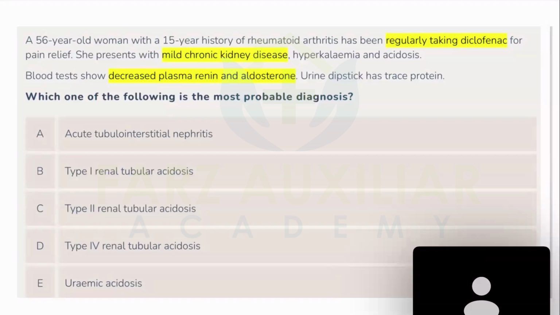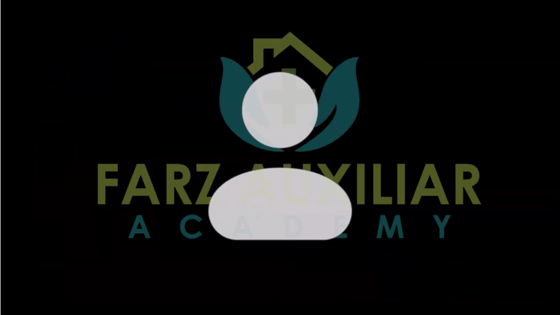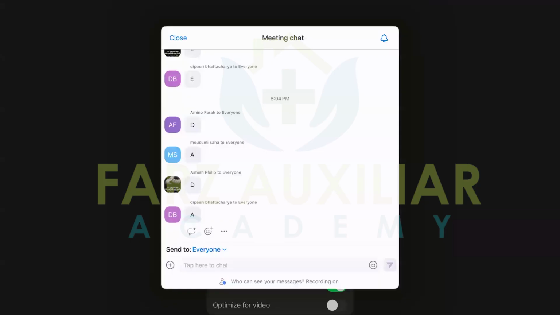Just write the answer in the chat box. If you don't know renal tubular acidosis, no need to guess.